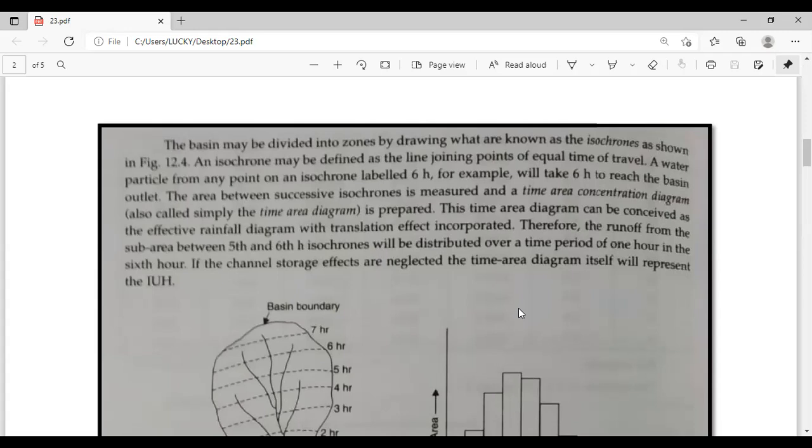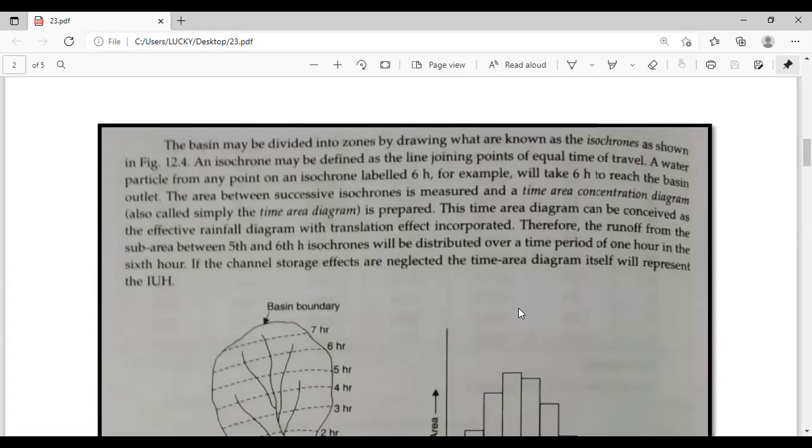The area between successive isochrones is measured, and a time-area concentration diagram, also called simply the time-area diagram, is prepared. This time-area diagram can be conceived as the effective rainfall diagram with a translation effect incorporated.